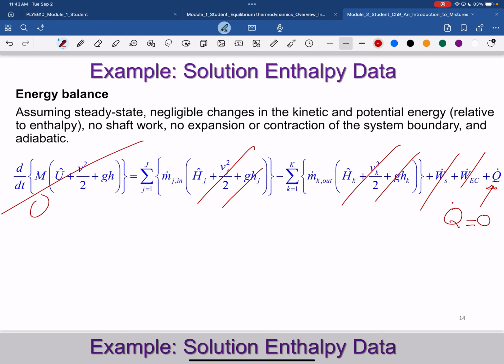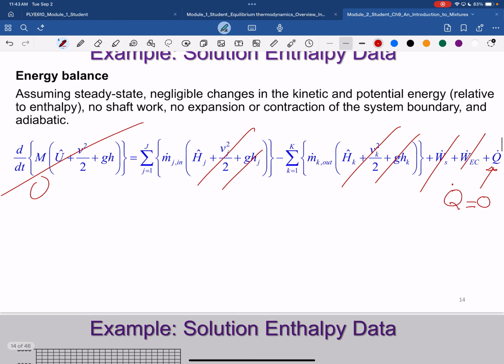Okay, so if I write it in a cleaner way, instead of using a specific property, because this is a specific enthalpy, I will write it in terms of molar enthalpy, right? So 0 is going to be equal to n dot A times H A. Remember, this is the A stream.